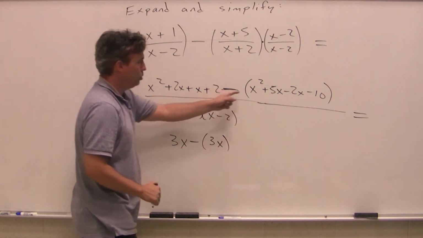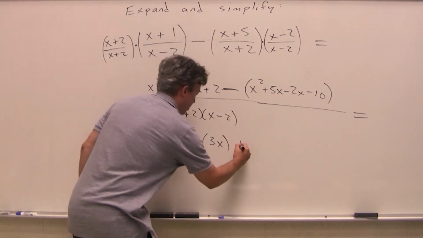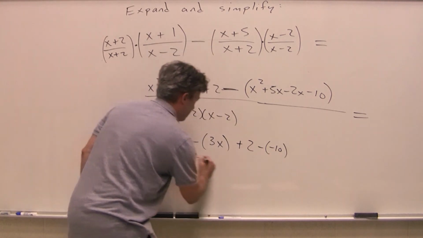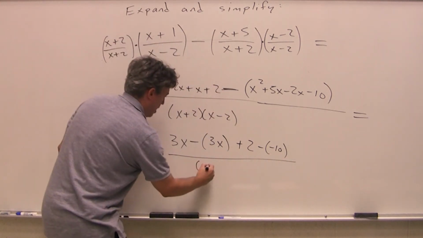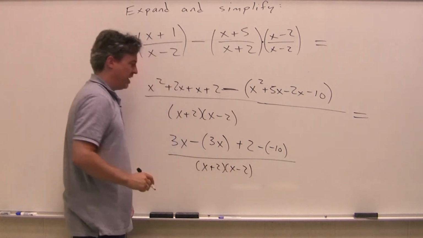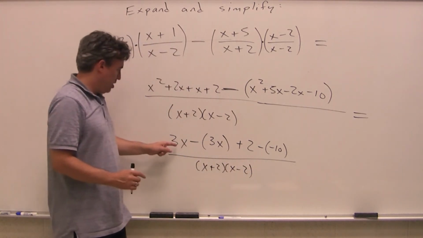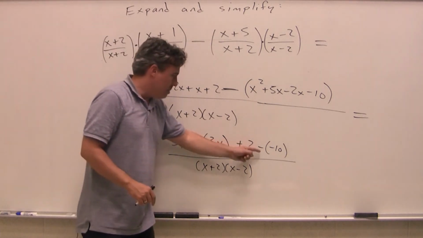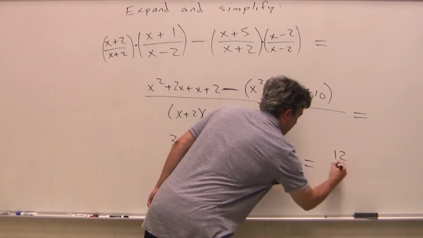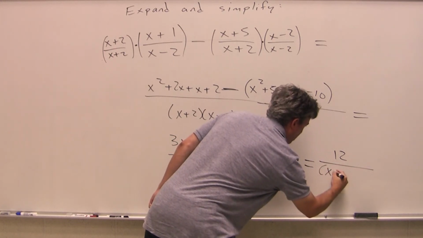And now I've got the 2 and the minus negative 10 to deal with. With the same denominator that I'm not improving. I'm leaving it as it is. And now we're done pretty much. This is 0. 2 minus negative 10, that's 12. And we're finished.